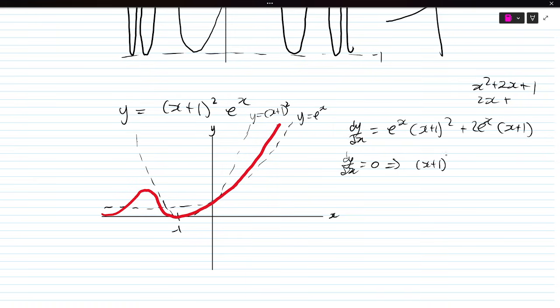Means x plus 1 squared plus 2x plus 1 is equal to 0. x equals minus 1 is a root of this. Yes, and we already have that, so one turning point there.